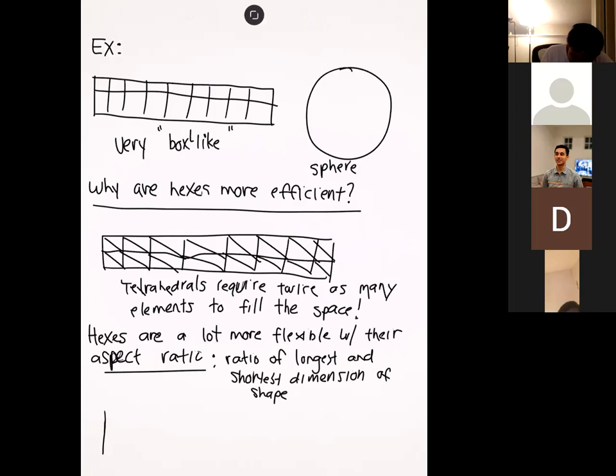I think it's easier just to show some examples here. If we have a square here, and we look at this dimension L versus this dimension H, the aspect ratio would just be the ratio of L to H or H to L, whichever works. For this case where we basically have a square and L and H are approximately the same, we say that the aspect ratio of this shape is approximately 1.